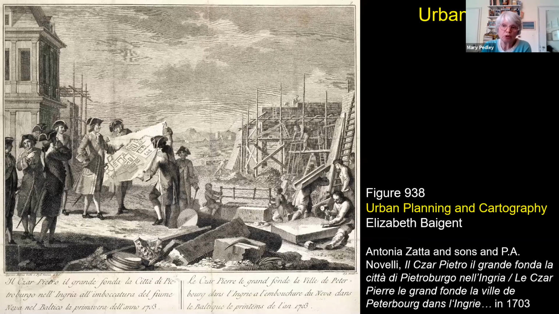And Enlightenment rulers, Matthew's already mentioned, Frederick II in Prussia, who's very interested in creating these new towns. So was a person like Tsar Peter I of Russia, who here is overseeing the creation of St. Petersburg, using a map, using an urban plan in order to create his plan.